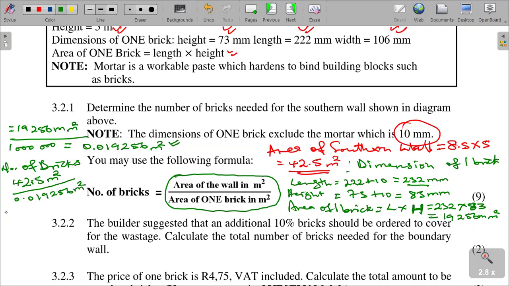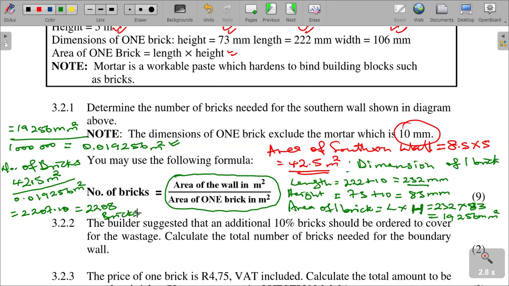Then the answer is going to be 2,207.10, which we can approximately round off to 2208 bricks.